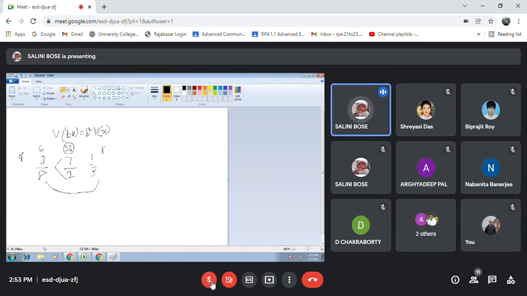So 9 or 8, which is greater? 3 by 8 is more than 1 by 3. So 7 by 2 is more than 3 by 8, and obviously 1 by 3 is less. This is the way to find out. Is it clear?